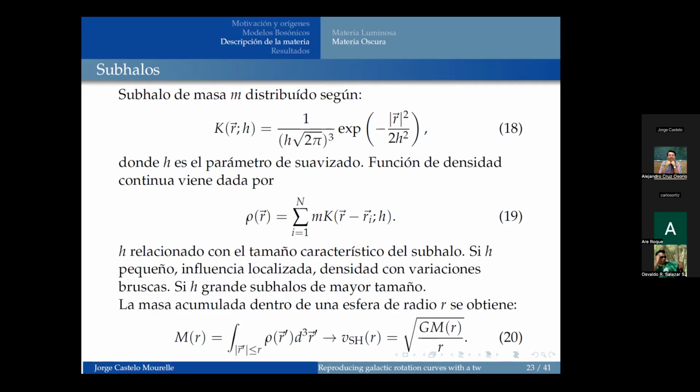By using the mass distribution for each subhalo, we can define a mass function for this total amount of subhalos, and then we have another dark component for the overall system.